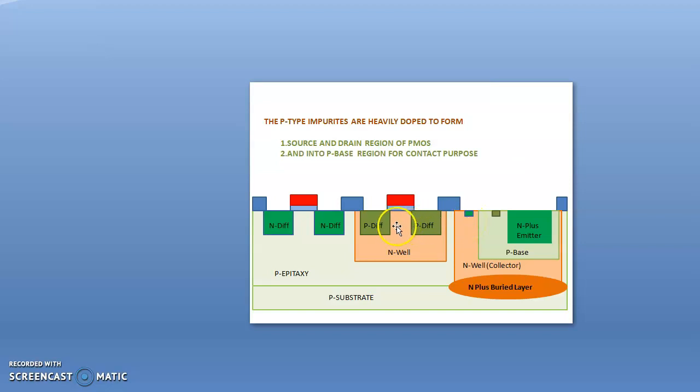Then P plus diffusion is done, and P plus diffusion is used for forming the source and drain of the PMOS, for which N will act as the substrate. And we can see this olive green color, this is a small pocket opened for the P base. It serves as the base contact.